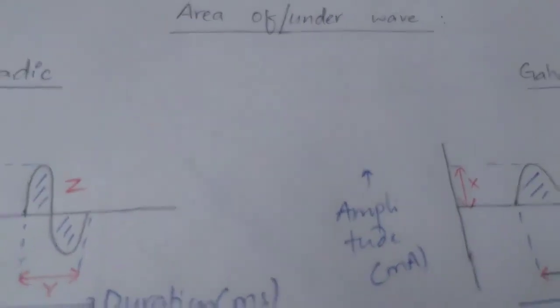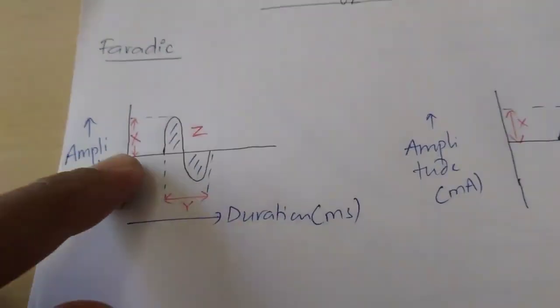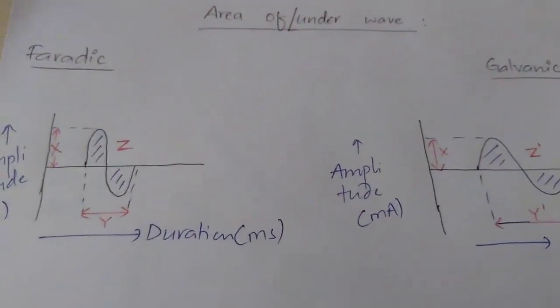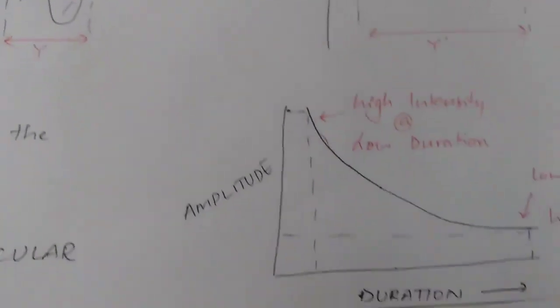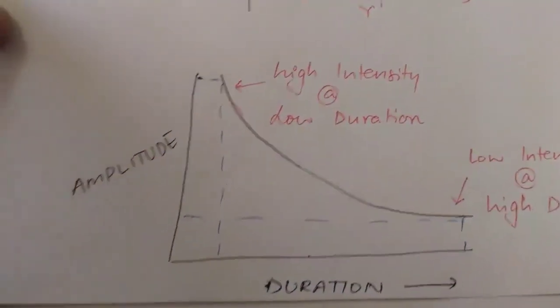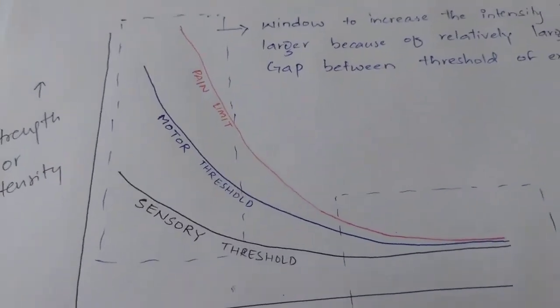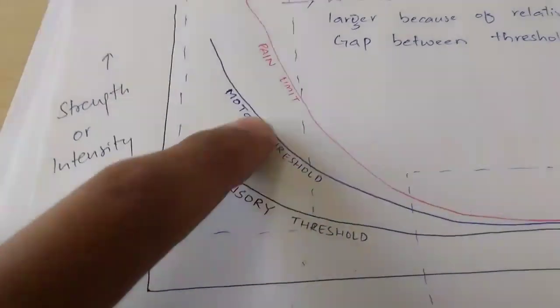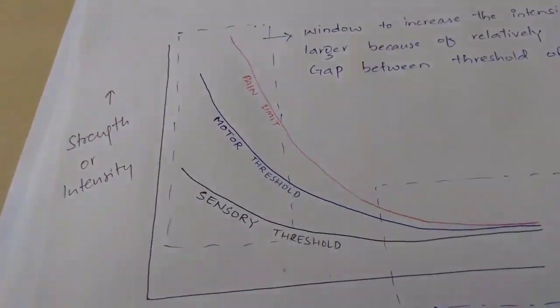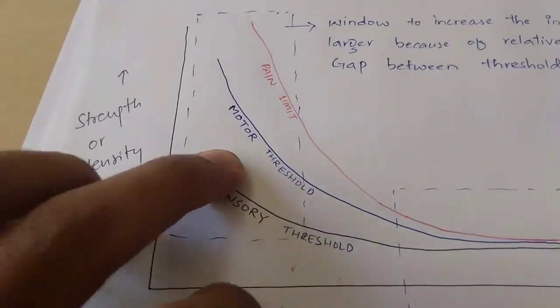What is the meaning of area under the curve, and what is the use of the amplitude in reference to the area under the curve, and how do we get this particular shape in this SD curve, and what are the shapes of these particular curves if we are looking for sensory threshold, motor threshold, or pain.